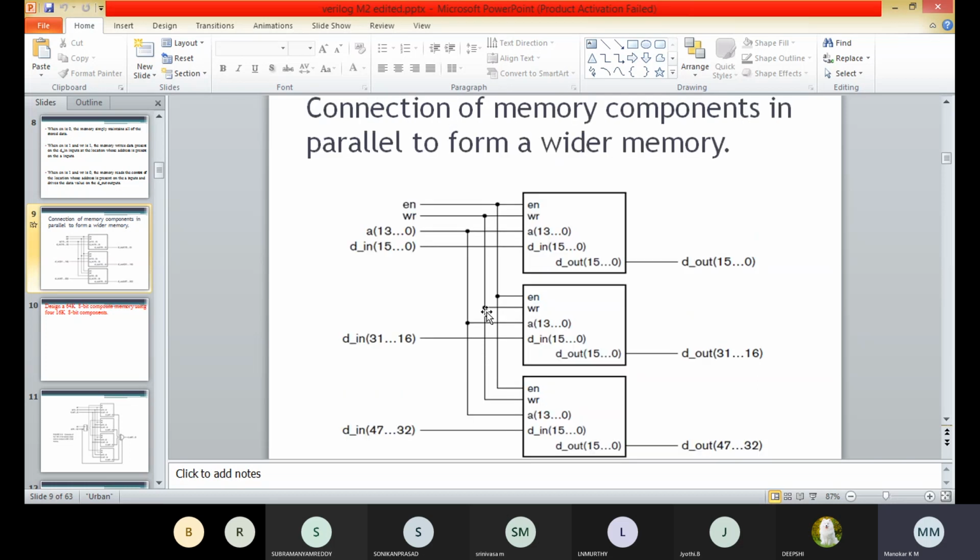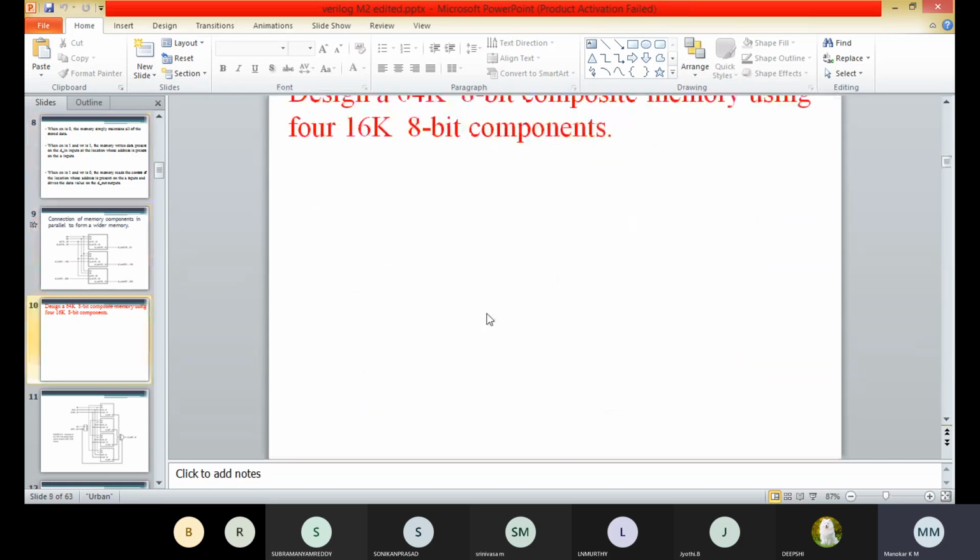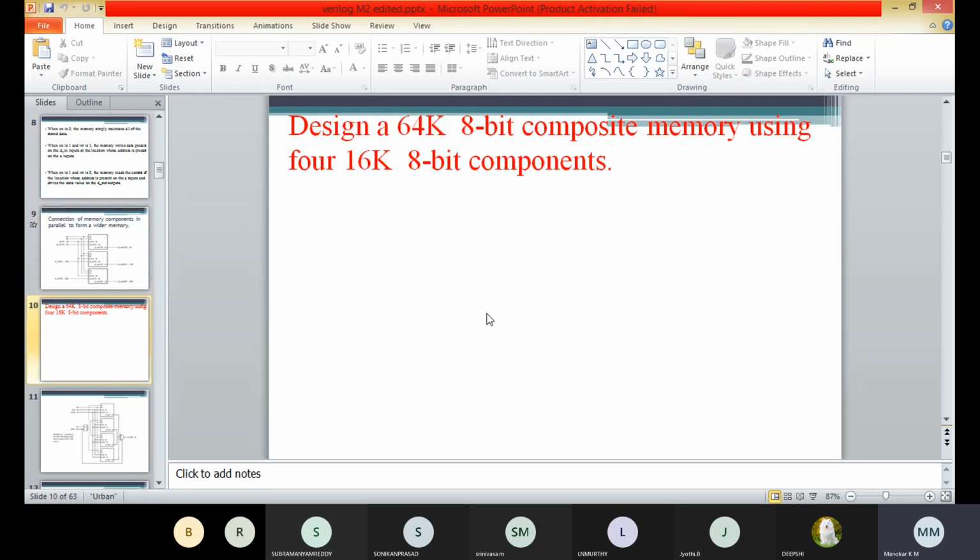Next we can take one more example. Design a 64-bit composite memory using 4 16K 8-bit components.